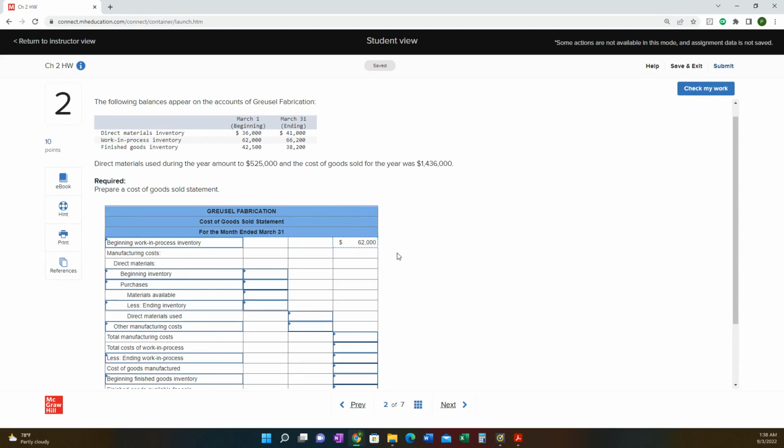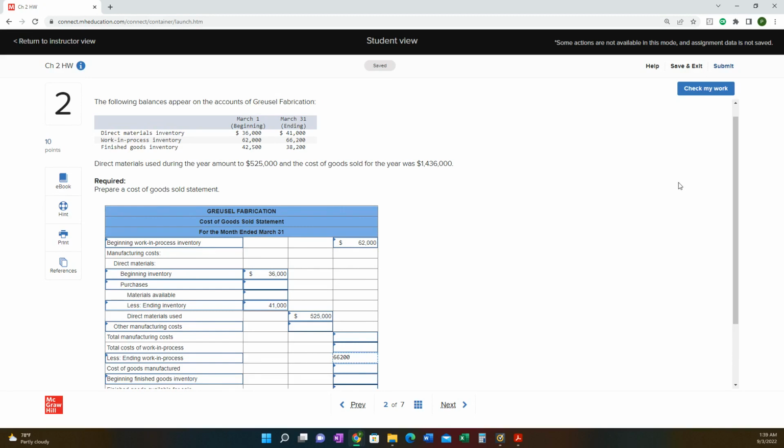The direct materials beginning inventory we also know, $36,000. We don't know purchases yet. We don't know materials available yet, but we do know what the ending inventory is. So that's $41,000. The fact pattern also tells us that we use direct materials of $525,000. And we know that the ending work in process inventory is $66,200.